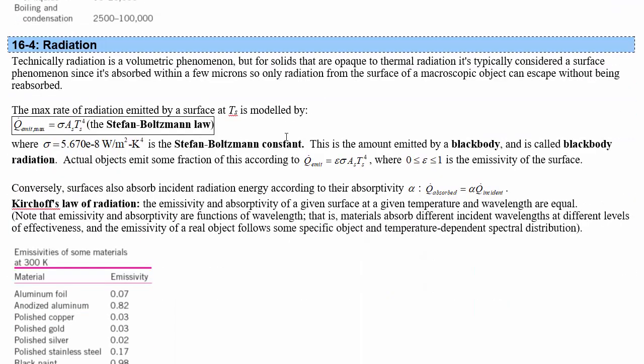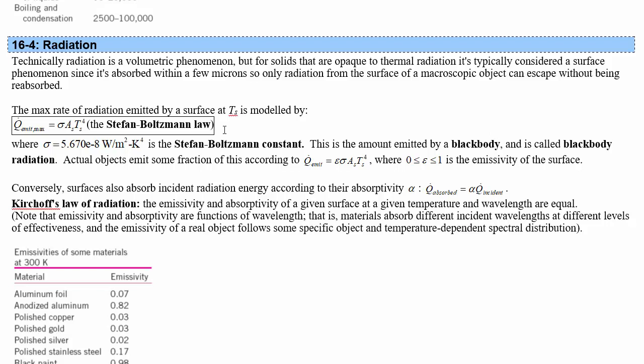The final process in detail is radiation, and technically this is a volumetric phenomenon. Every molecule, every atom of an object is radiating energy away just from being composed of charged particles like electrons and positively charged nuclei, oscillating from their thermal energy.